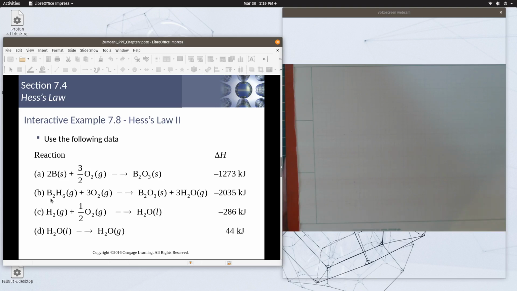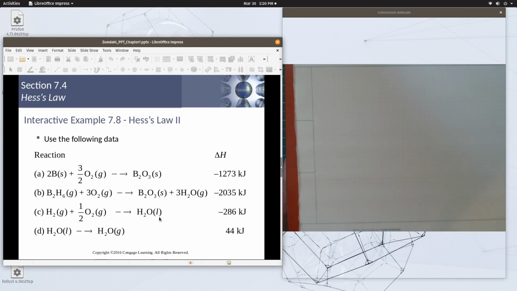Now, this stuff, if I react it backwards, or react it with water to form diborane, which is what we're looking for. This is sort of the backward reaction, right? So this is like going in reverse, and I also can create water. This is the water reaction to go from its elemental components.